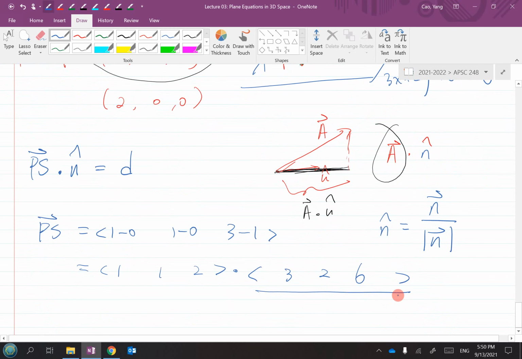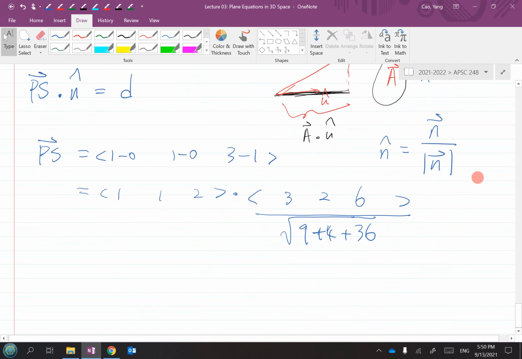The magnitude is the square root of 3 squared plus 2 squared plus 6 squared, which is the square root of 9 plus 4 plus 36. Added together, that's 13 plus 36, 49. The square root of 49 gives you 7, so it nicely rounds to 7.